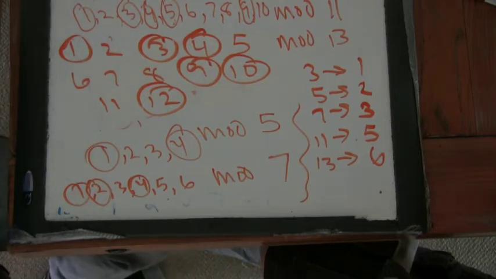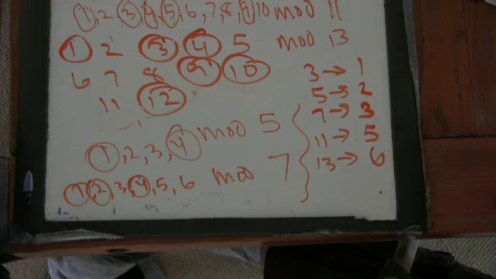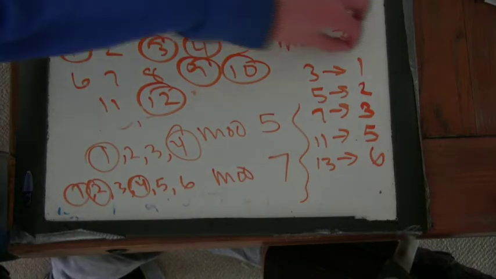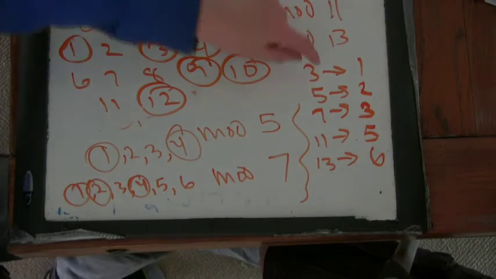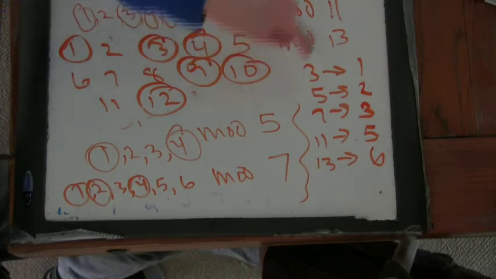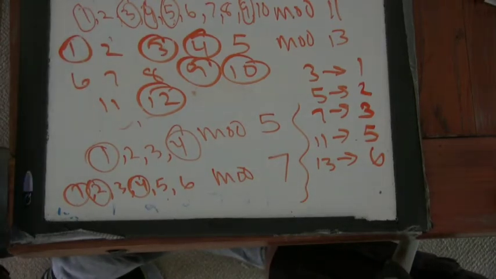So maybe 1 times 2, that's 2, which is 1 less than 3. And 2 times 2 is 4, that's 1 less than 5. 3 times 2 is 6, it's 1 less than 7. And 5 and 6 would also work for 11 and 13.